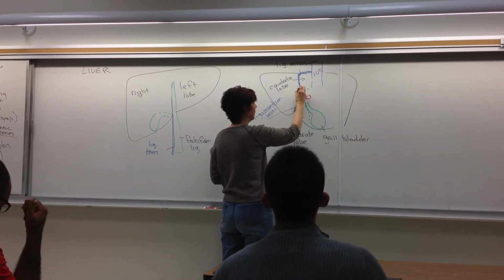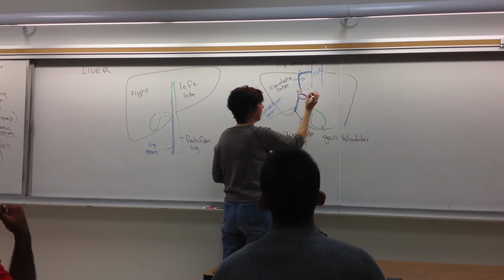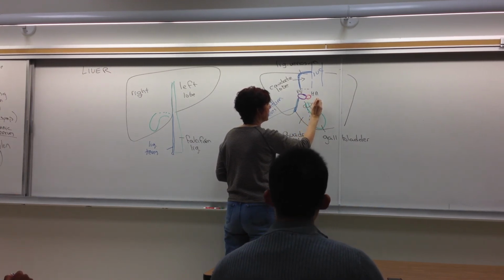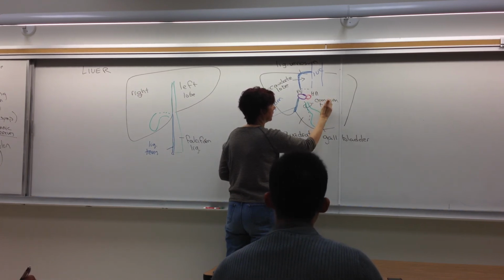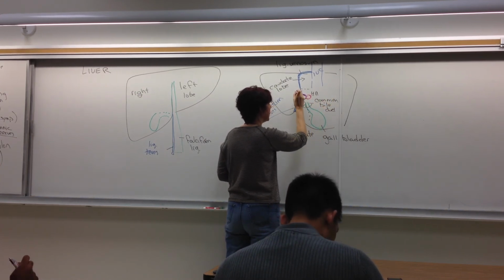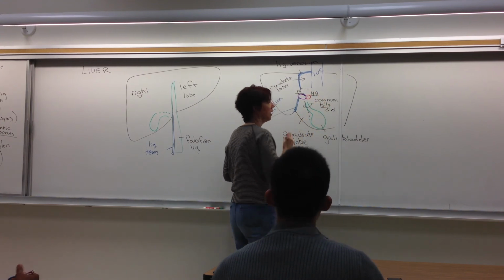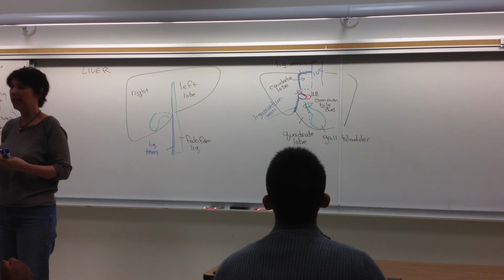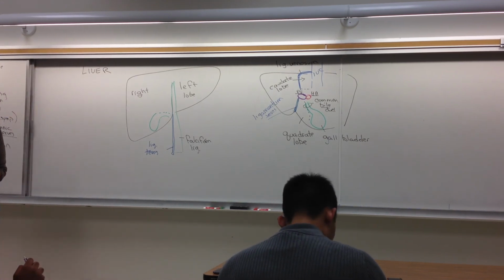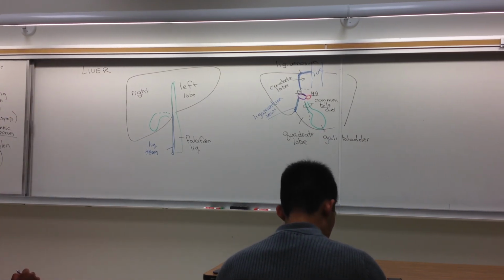So this would be portal vein, hepatic artery, and then we see a third structure, which is the common bile duct. These three structures create what's known as the portal triad. Throughout the liver, we see these three structures always together.